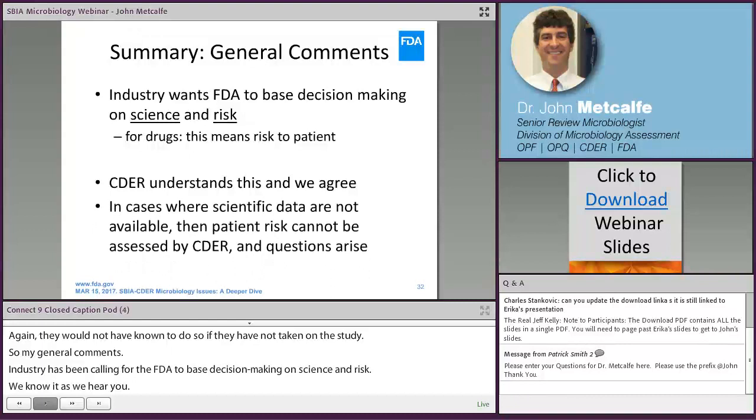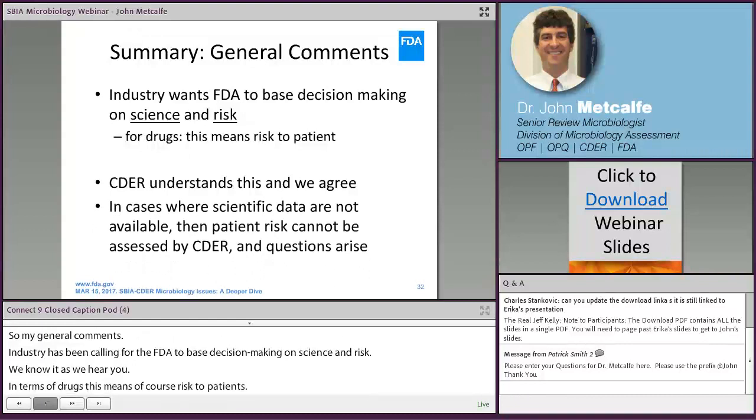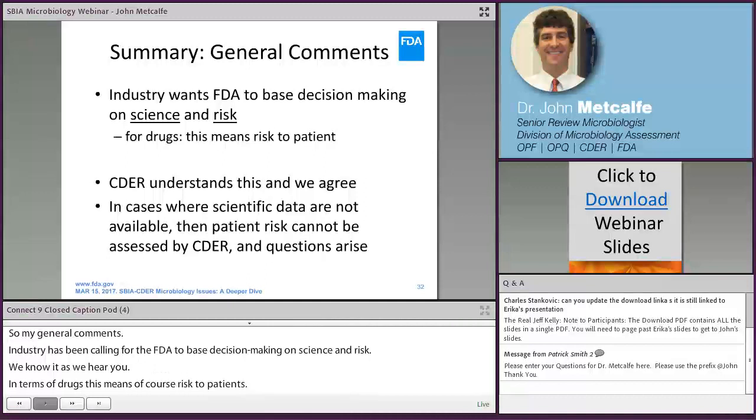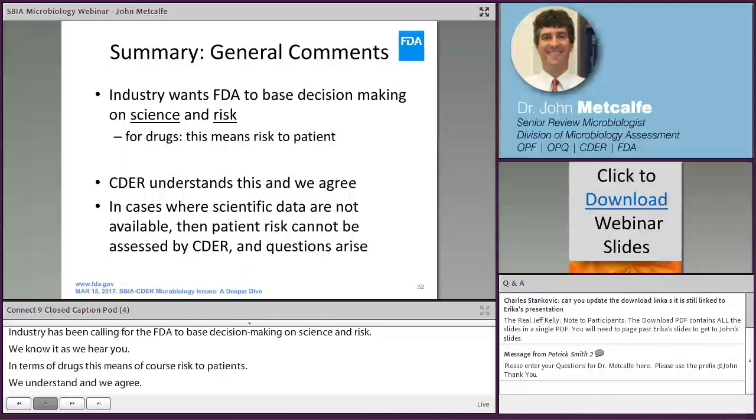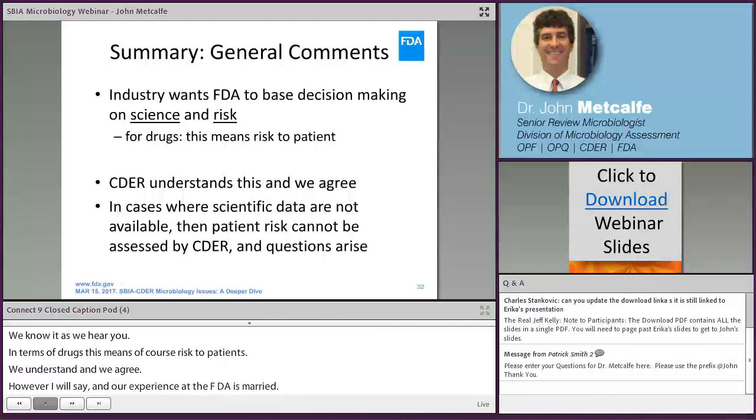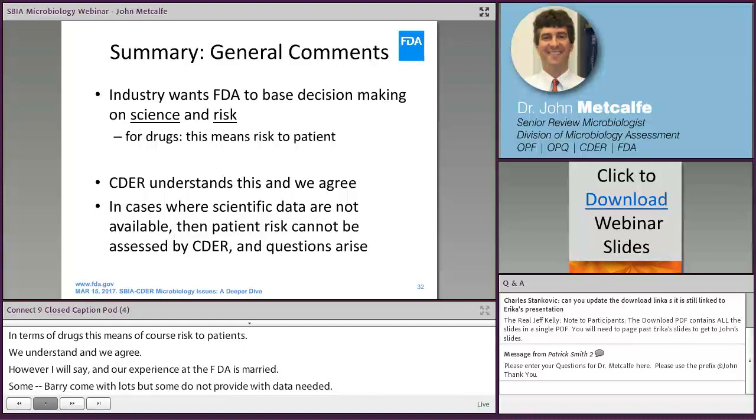However, I will say, our experience at FDA is varied. Our experience is that some companies come with lots of data, while other companies don't provide us with the data that we need. So that third bullet, in cases where scientific data are not available, then patient risk can't be assessed by CDER, and questions in our minds come up.